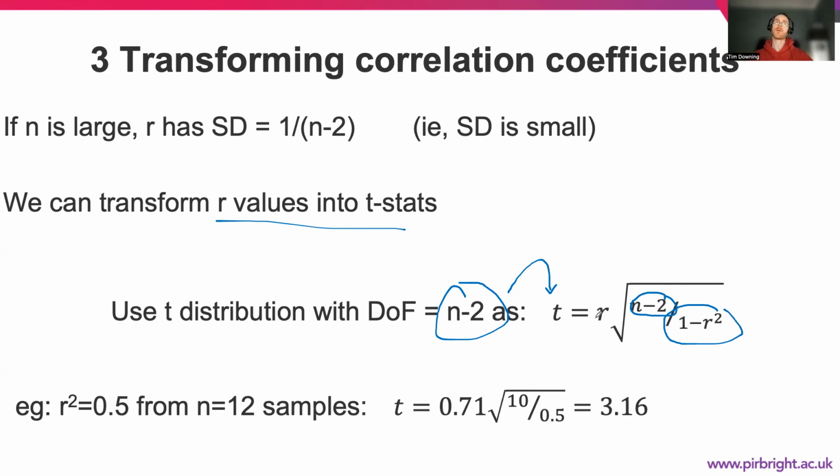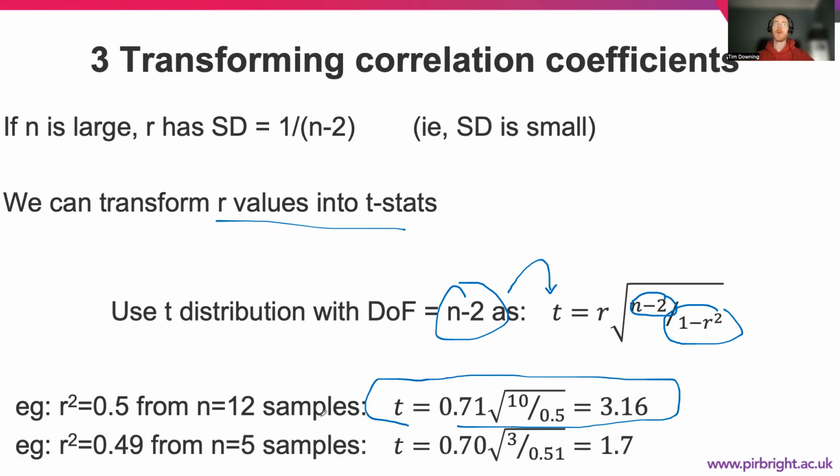For example, if we have R squared equal to 0.5 with 12 samples, we get a t-value of about 3.2, which would have a low percentile on the distribution. Similarly, for about the same value with n equals 5, our t-value is lower at 1.7, which is a much less extreme value in our percentile distribution.